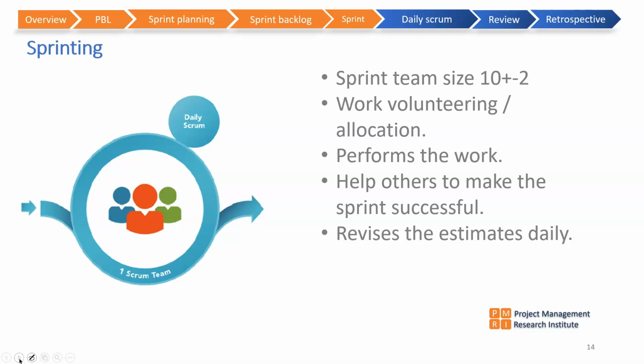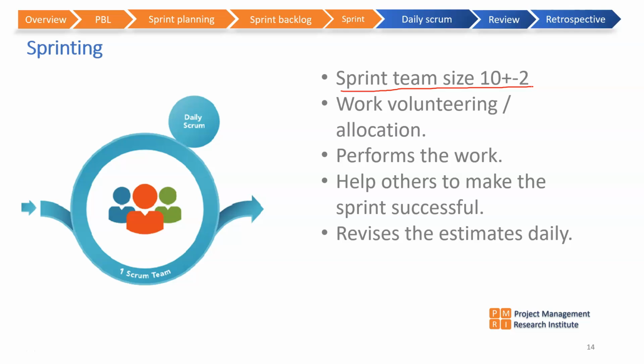Then sprinting. Once the sprint backlog is decided, the next step is sprinting. The sprint team size is 10 plus or minus 2. If you want to implement Scrum in larger teams, say a 100-member team, then we are talking about 10 teams of 10 members each.